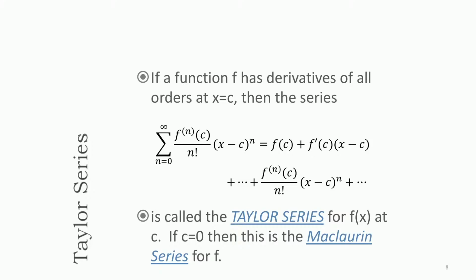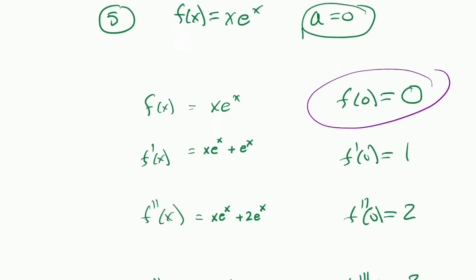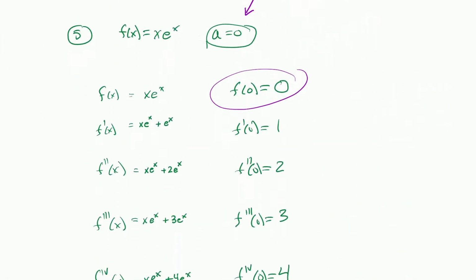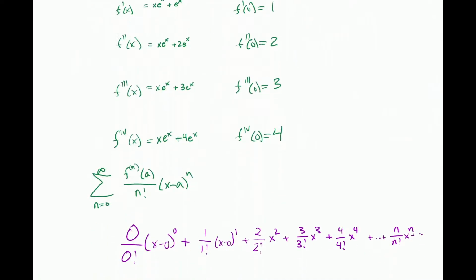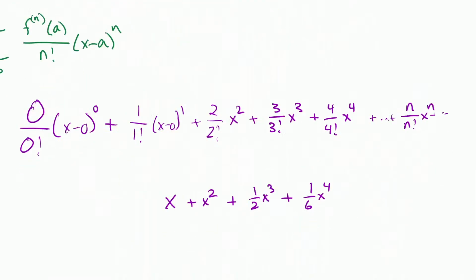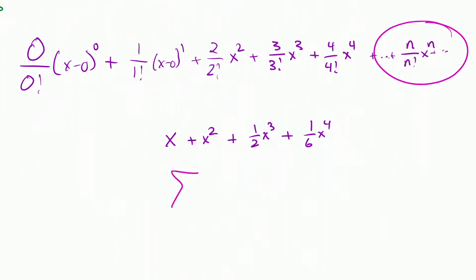So let's just quickly mention an example here. Let's go back to this example, and let's pretend with number 5 that we were supposed to come up with, so here, I'll just zoom in. Notice that this is the general term for this thing.